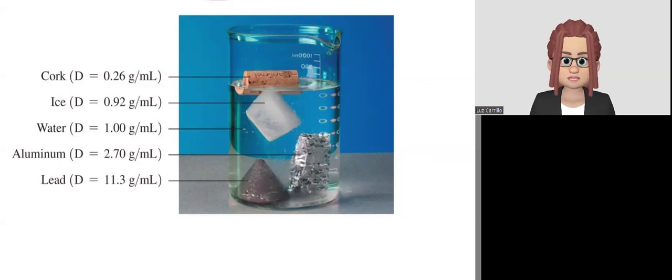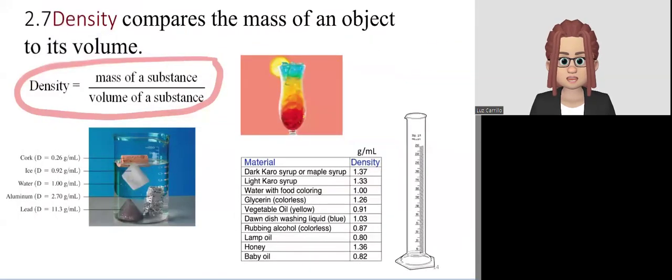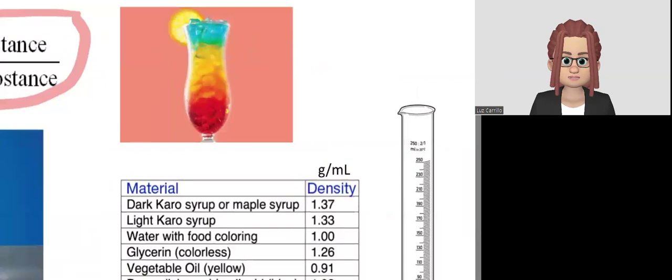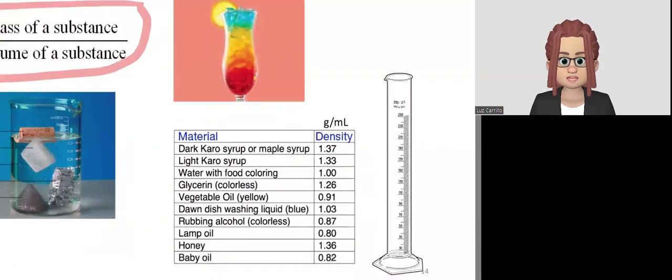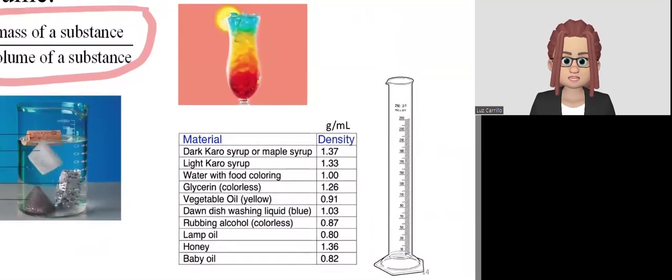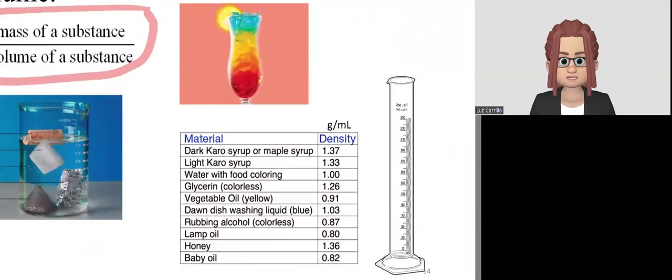The density of substances also are utilized in order to create very interesting drinks. So the picture that you observe right here just has different colors and layers. And that's because the density of these different liquids are going to be different from one another.